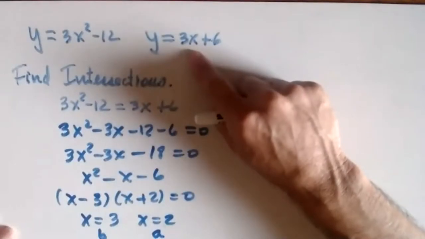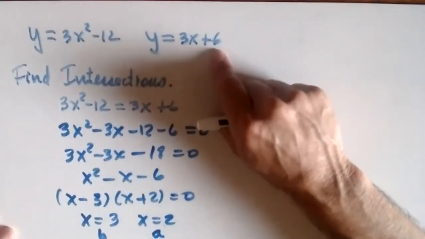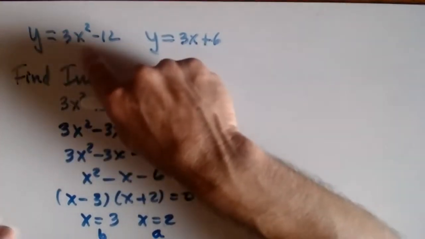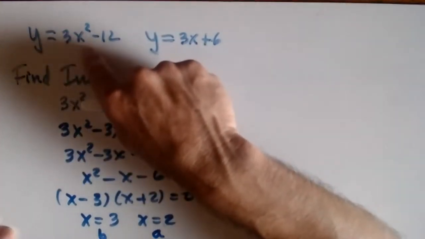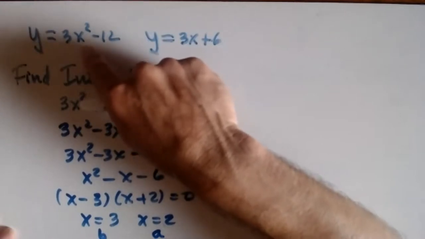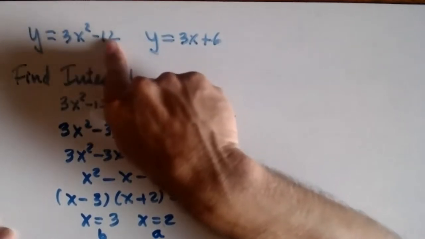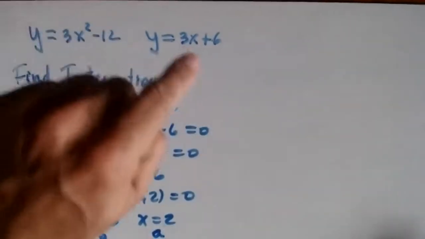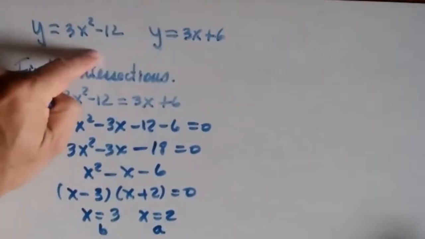So 3 times 2.5 is 7.5. This is 13. And 2.5 squared is less than 3. So this is going to be a negative, right? So you don't have to do the things. So this is a positive, this is a negative. So this is the upper, this is the lower.